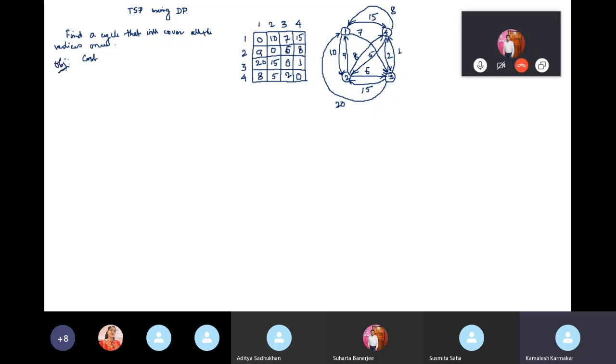The objective function of this algorithm is that the cost of the cycle should be minimum. So you have to find this cycle.